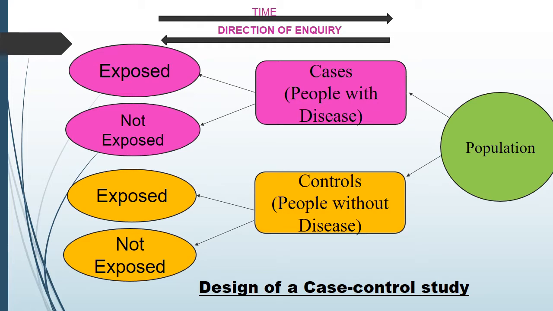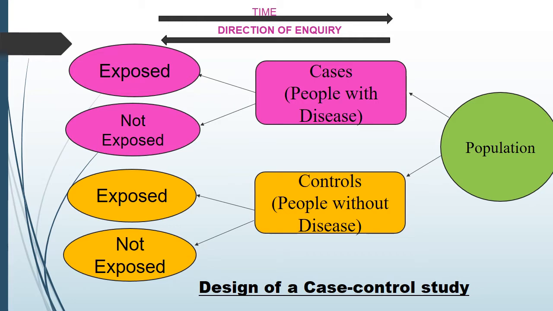The cases, which means people with disease, are the case, and controls means people without disease. So we are dividing two subgroups. From the population we are taking some groups: one with disease, and another group, people without disease.